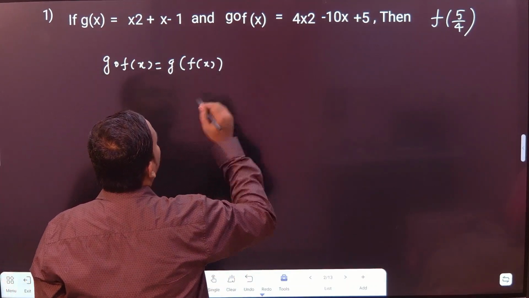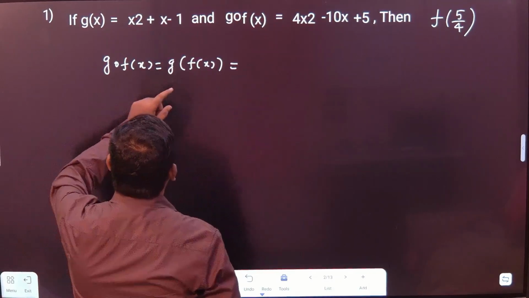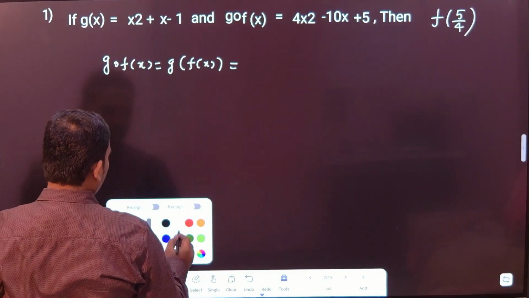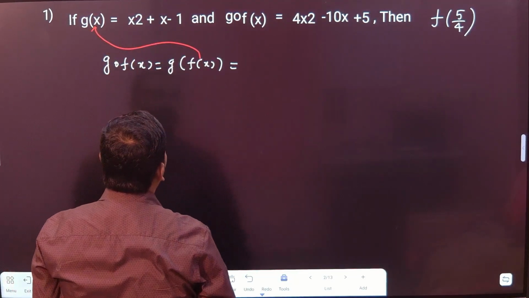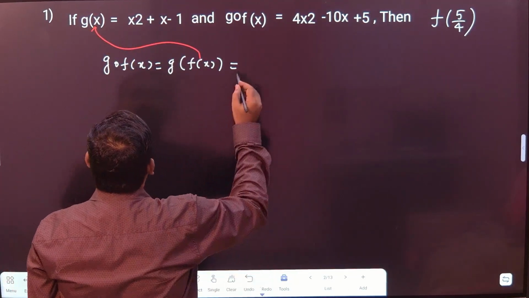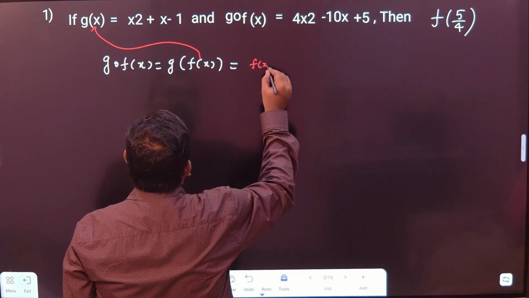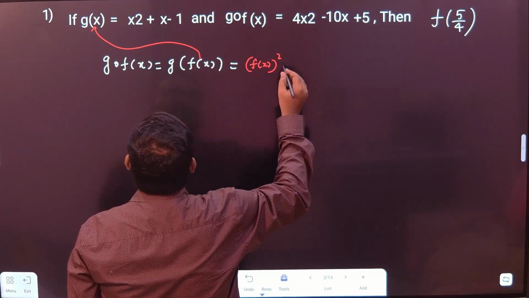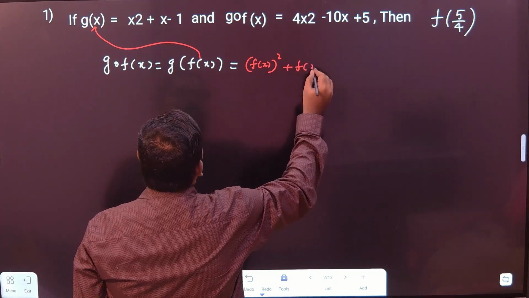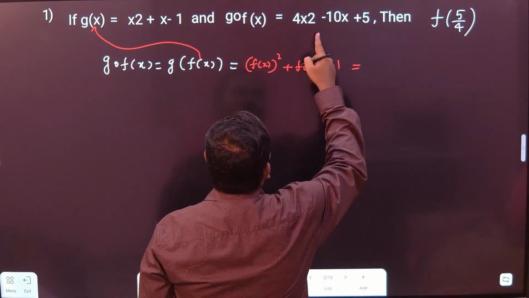Now you can see, just replace x by f of x here. Then how to replace here? f of x whole square, right? f of x whole square plus f of x minus 1, that is equal to what?